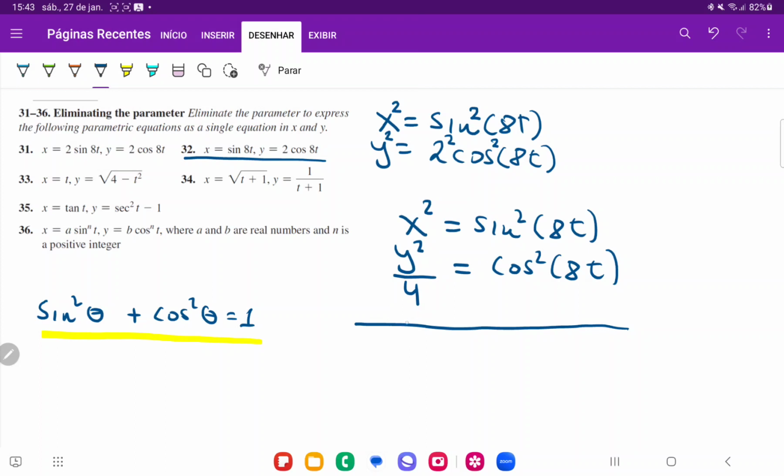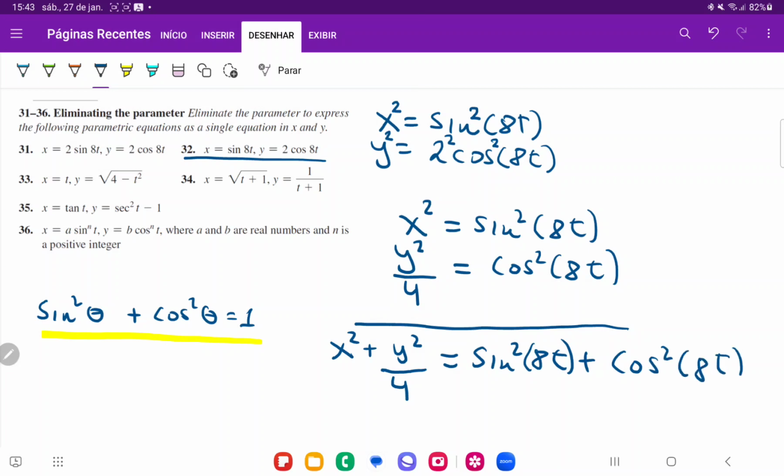So let's add the left-hand side. On the left-hand side, I get x squared plus y squared over 4, which is going to be equal to the sum on the right-hand side, which gives us sine squared of 8t plus cosine squared of 8t.